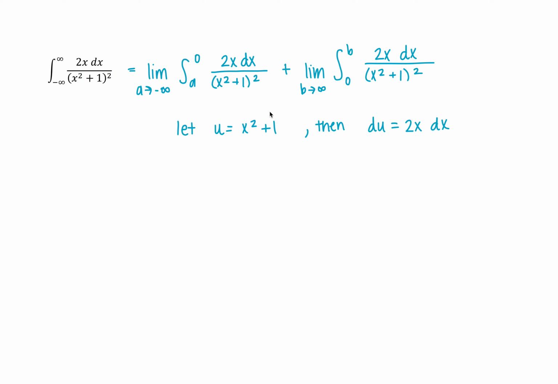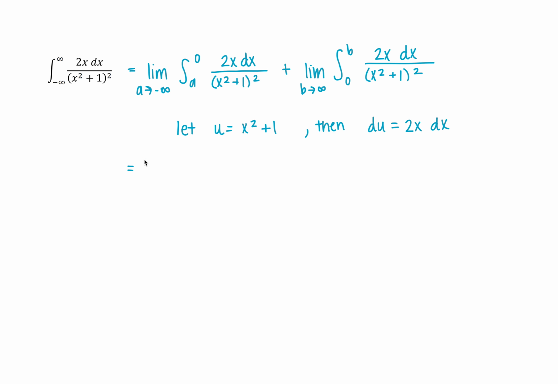Since a and b are going to negative infinity and positive infinity respectively, that's not going to change. You know, squaring infinity is still infinity, right? It's an idea, not an actual number. So I really only need to worry about the 0 here. If x is 0, 0 squared plus 1 is now going to change to a 1 because I'm doing that u substitution.